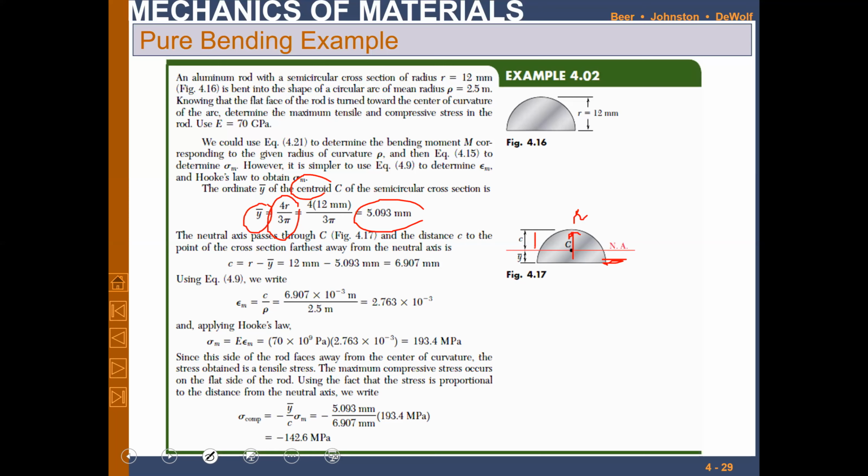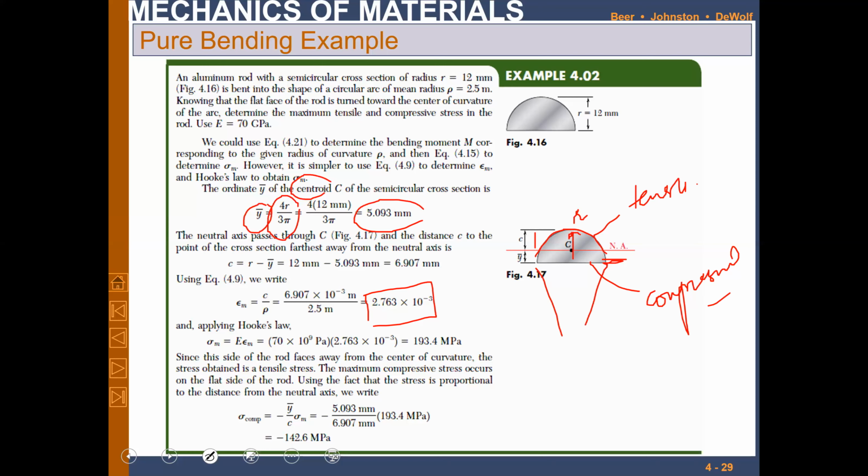For example, in this case, when it bends like this, this surface will be tensile and this surface will be compressive, right? So the maximum strain epsilon m will be c over rho. This expression we have already seen. This will be the maximum strain that can be produced.